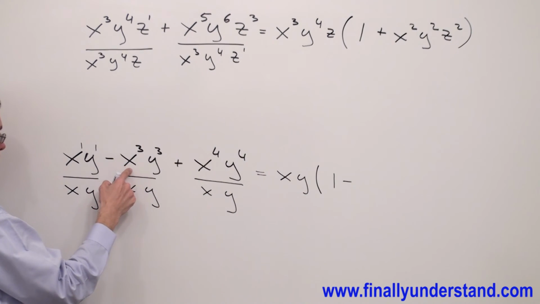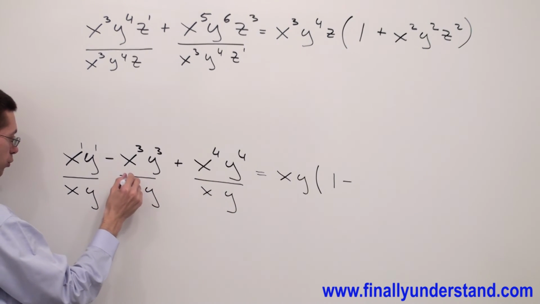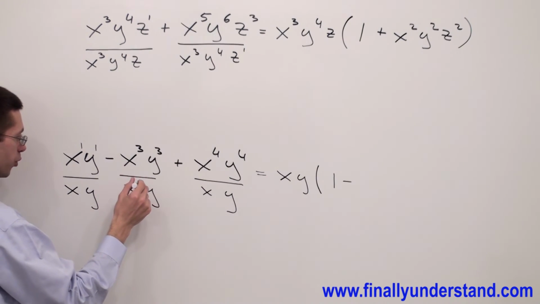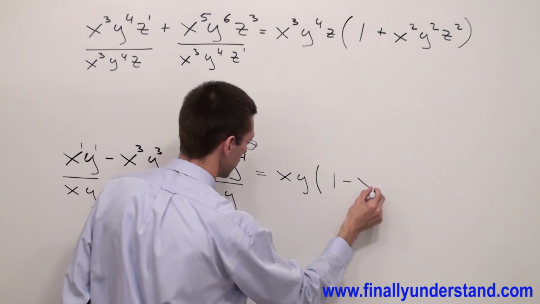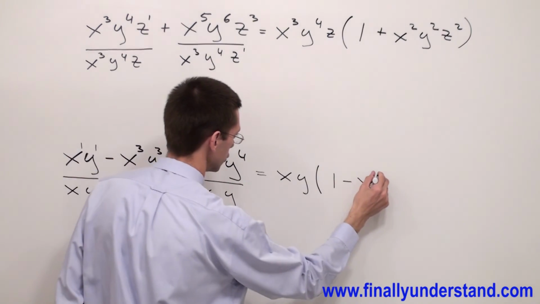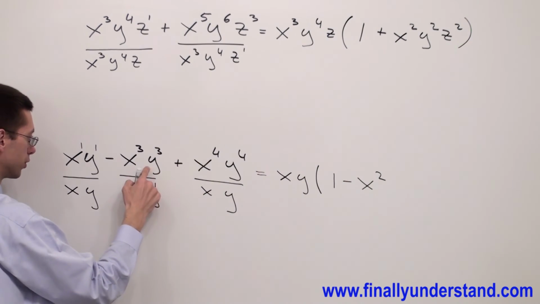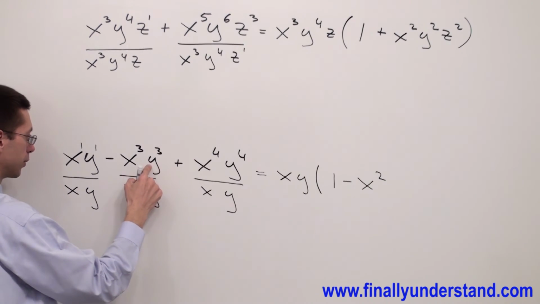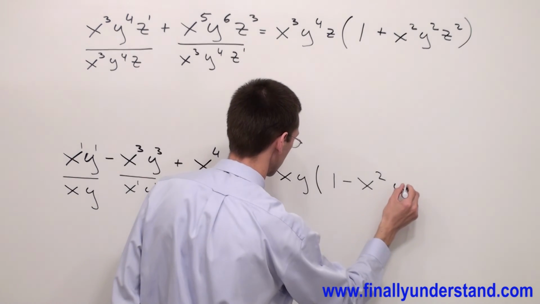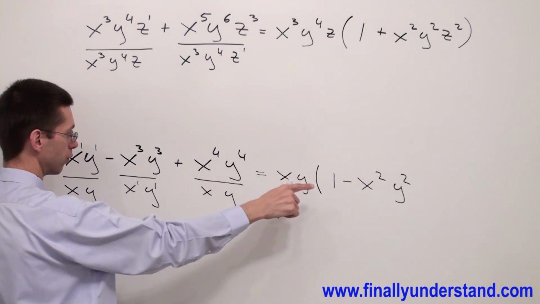Next, I have division. X to the third divided by x to the first. Anytime we have the same base, we're supposed to keep the base and subtract the exponents. So I have x, 3 minus 1 is 2. I divide y to the third by y to the first. Keep the base and subtract the exponents. Okay, 3 minus 1 is y to the second.